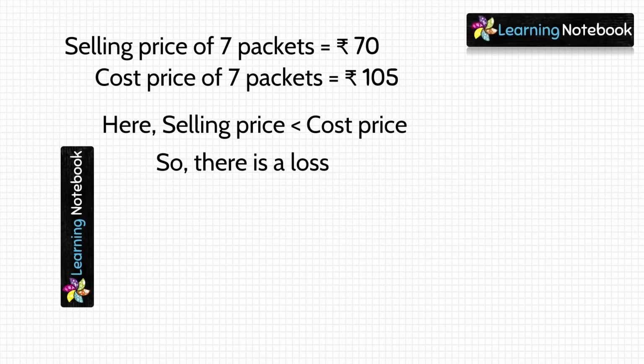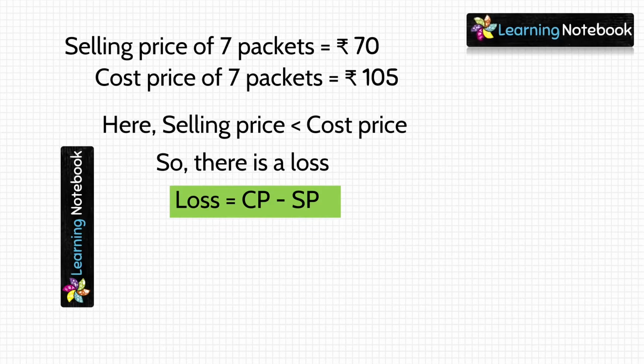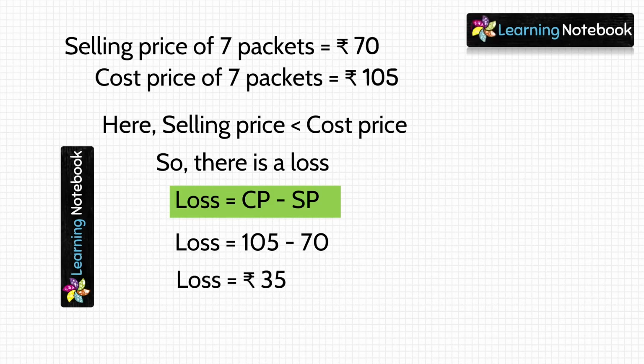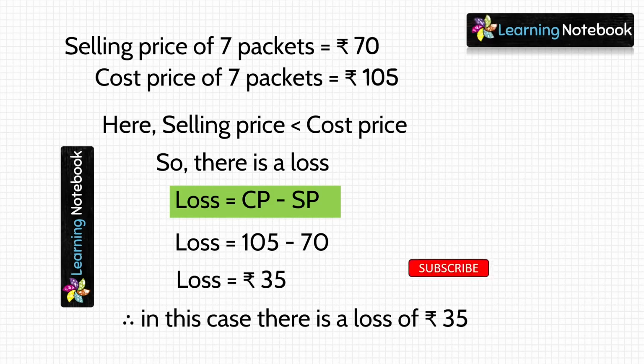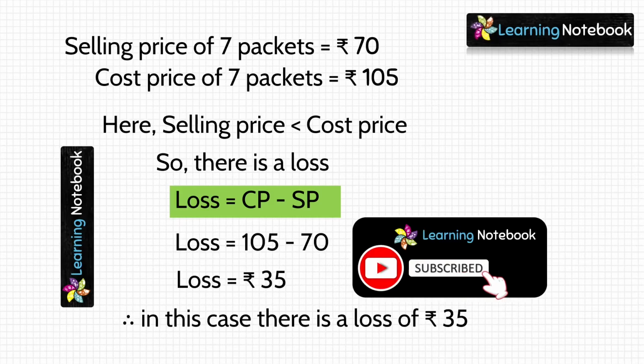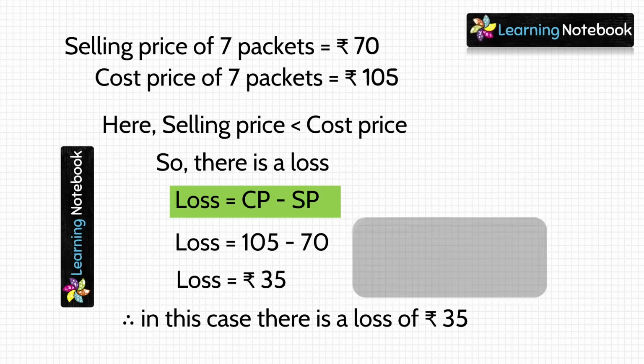Now let's find out the amount of loss using the formula loss equals to cost price minus selling price. Let's put both the values here and we get 105 minus 70, which is equals to 35. So loss is rupees 35. Do write the answer statement. In this case, there is a loss of rupees 35.